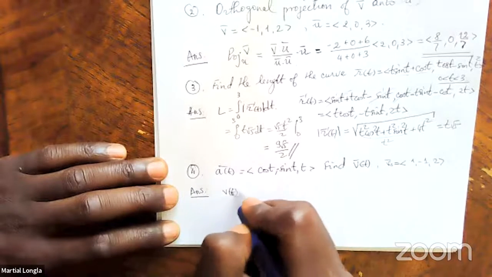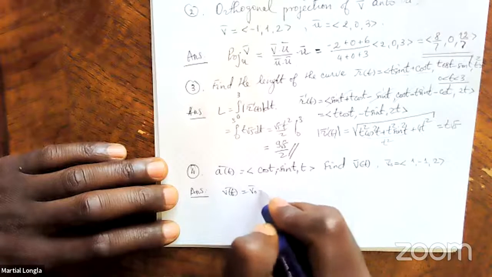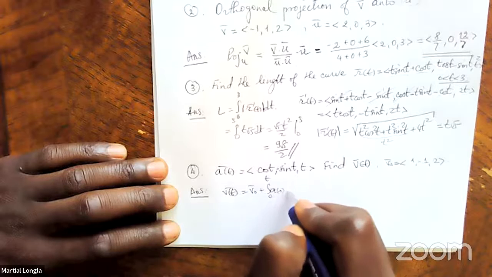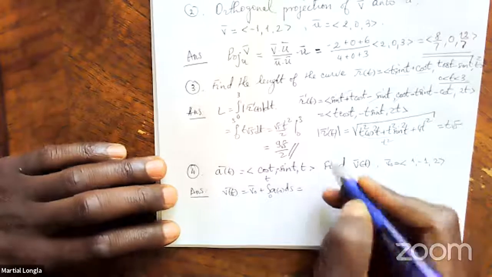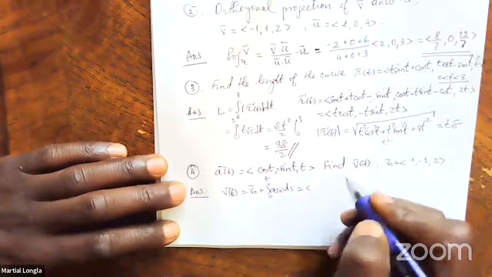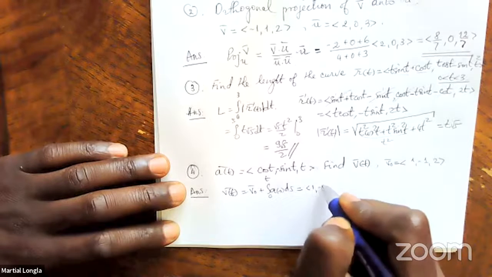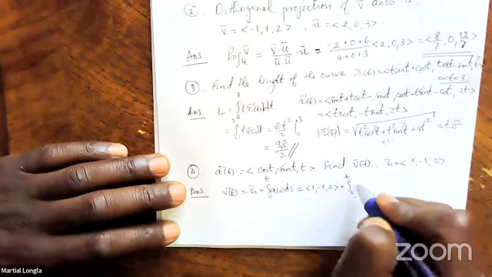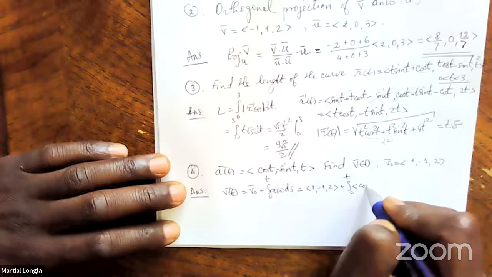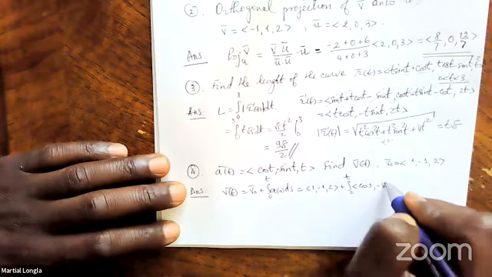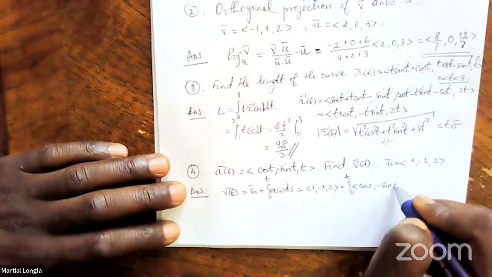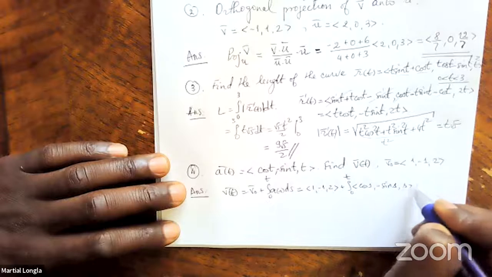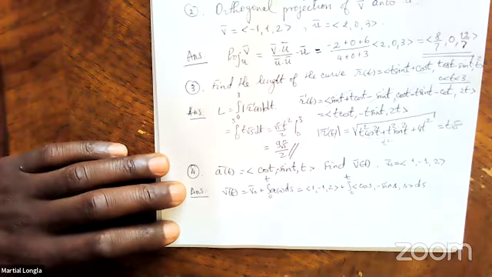V of t is v0 plus the integral from 0 to t of a of s ds. That's what we do. And v0 is 1, negative 1, 2, plus the integral 0 to t of cosine of s, negative sine of s, and s ds.